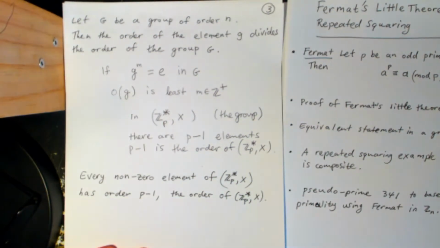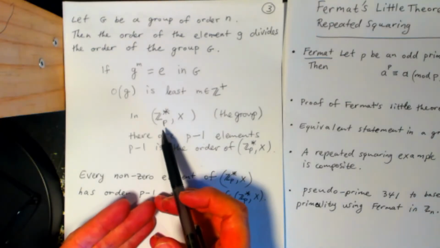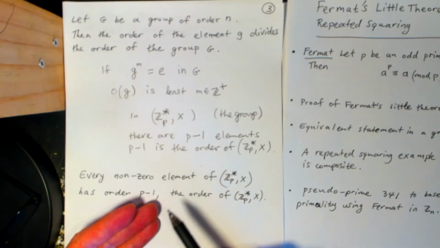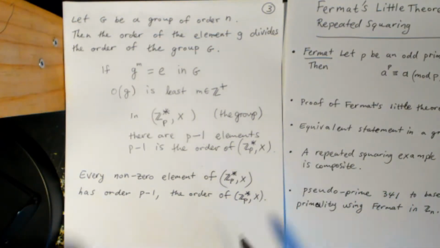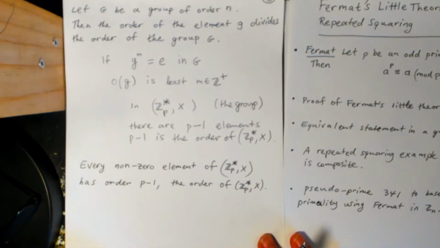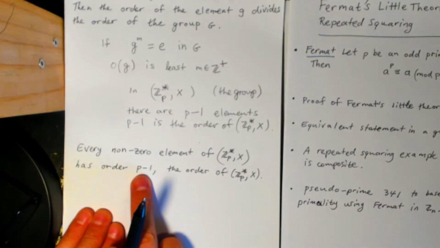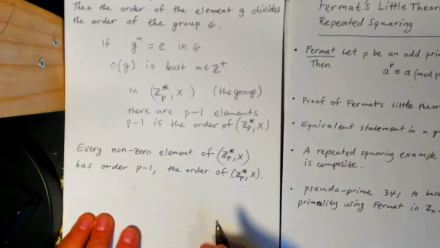right? And so we see that the order of any element in this group divides the order of the group, right? But the order of every element is actually p minus 1. So every non-zero element of this group has order p minus 1, which is the order of this group here, right?